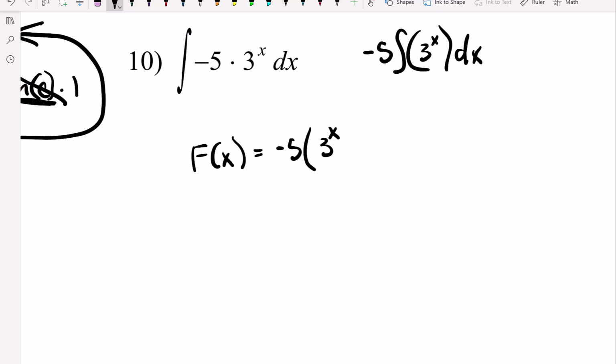So instead of multiplying, we divide by the natural log of the base, and then the integral of 0 is just a constant.